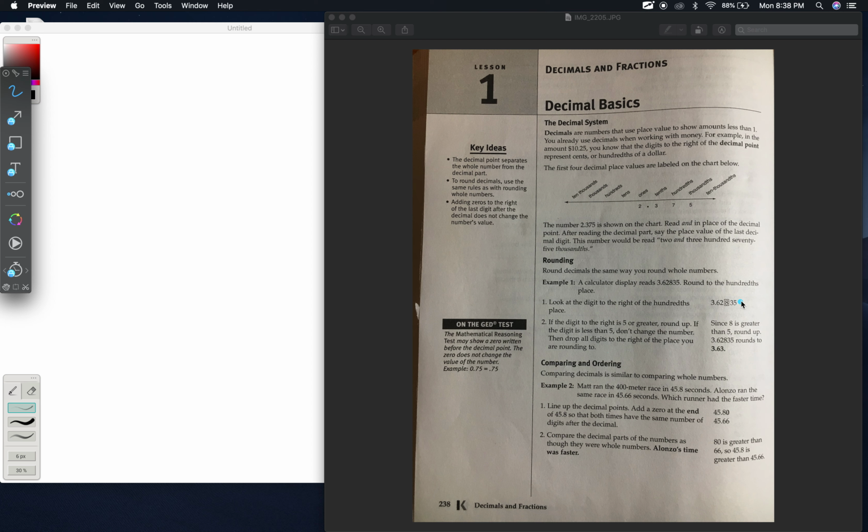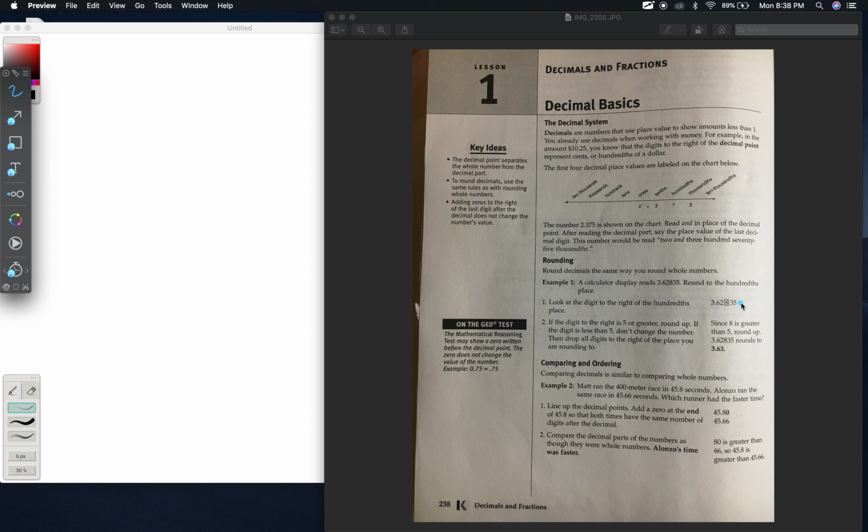For example, if the last digit after the decimal point is a 0 and there are no other digits after it, then you could essentially drop that, because a last 0 means absolutely nothing. Or if it was 10 last zeros, you could drop all 10 of them.